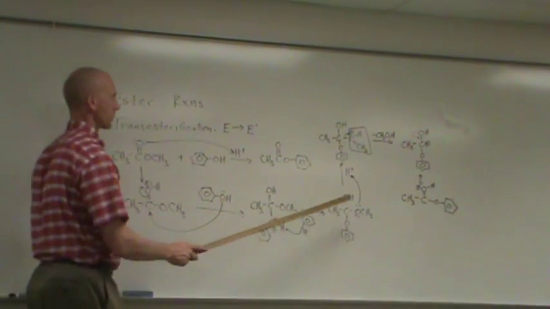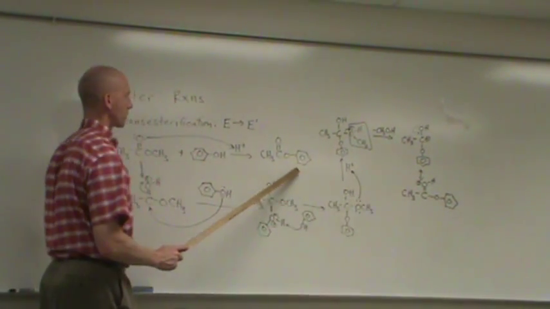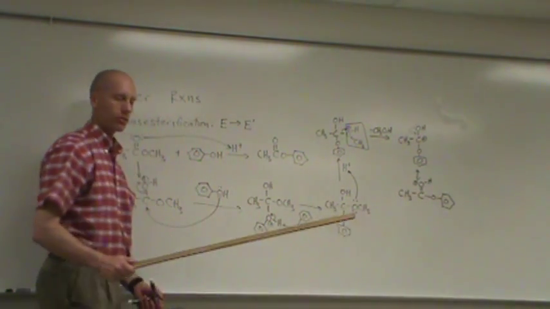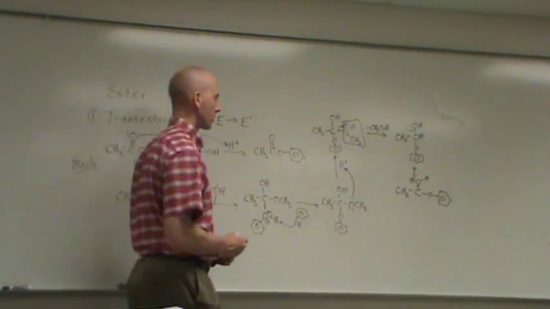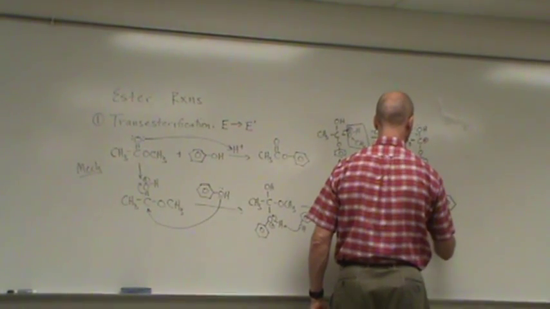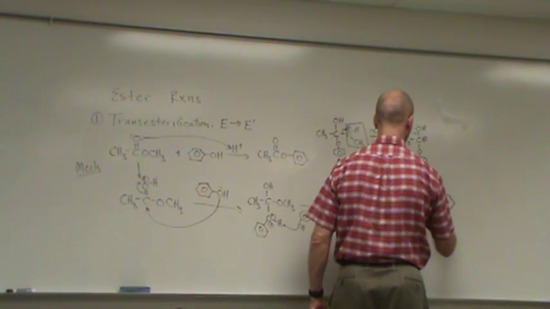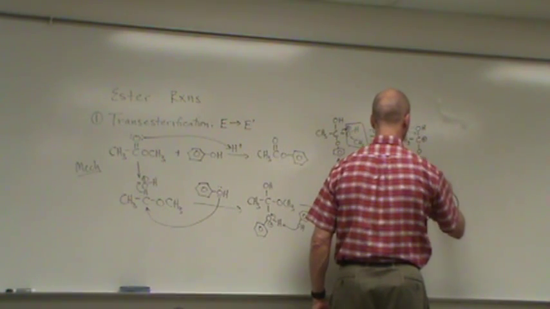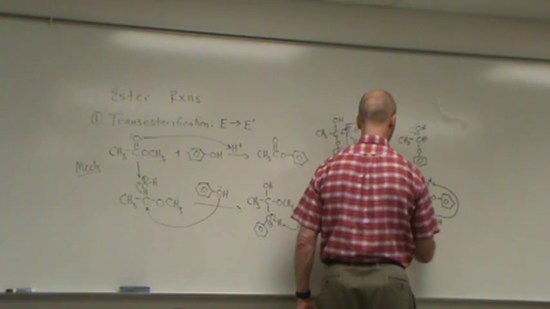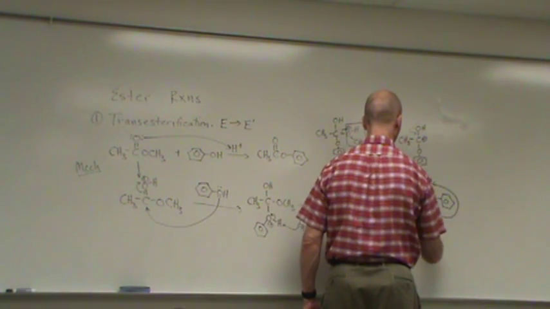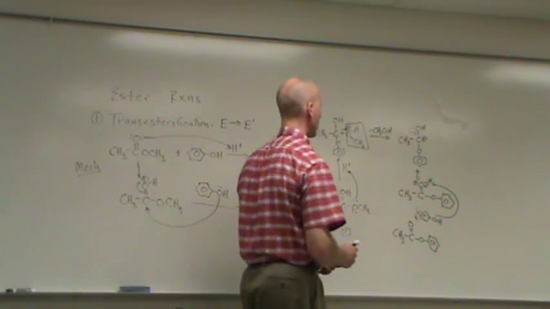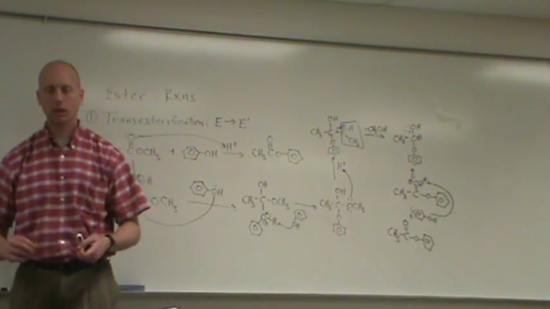So you can see how this looks very similar to our product. We just have to remove that acidic hydrogen. So let's do that. Okay, that gives us our phenyl acetate.